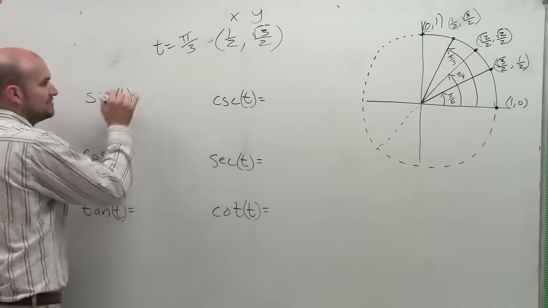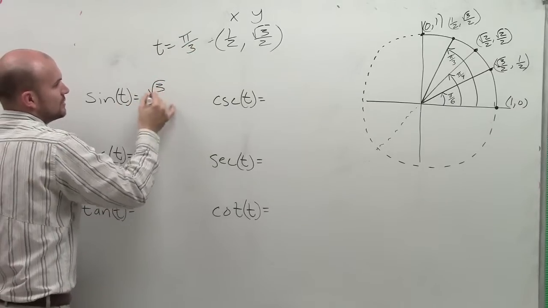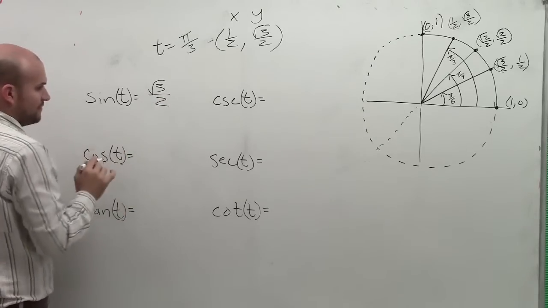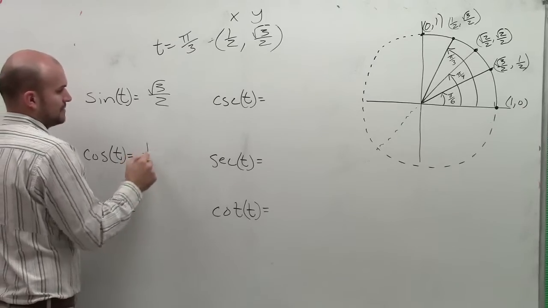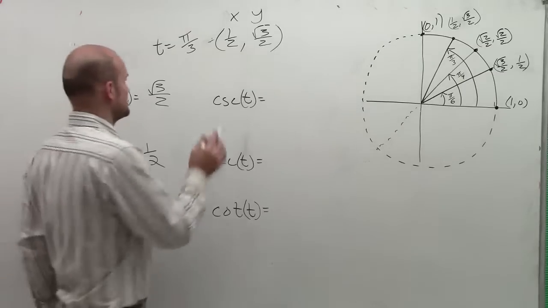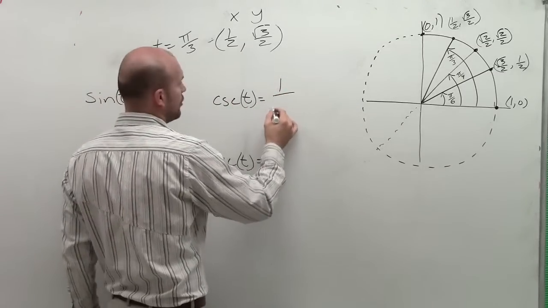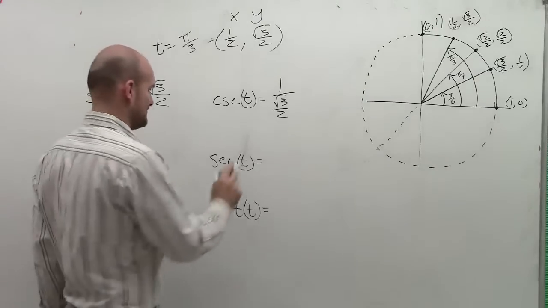So sine of t, which is pi over 3, is going to correlate to the y-coordinate, which is square root of 3 over 2. Therefore, the cosine is going to relate to the x-coordinate, which is going to be 1/2. The cosecant of that is going to be the reciprocal, so it's going to be 1 over the square root of 3 over 2. I'll get to simplifying here in a second.